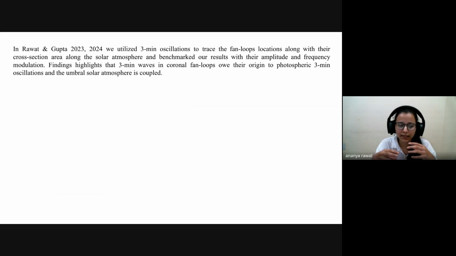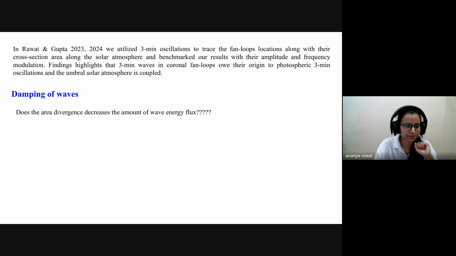Now, since we have determined the loop location, loop cross section, and the propagation of these waves along these loops, and while propagating, these waves show signatures of damping as well. So now I will be discussing the damping of these waves.